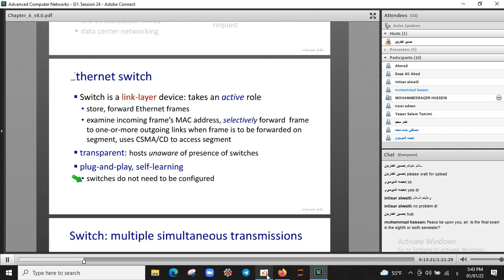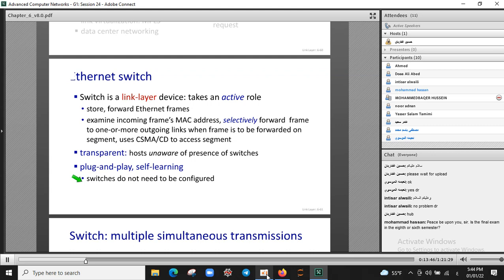Switches work inside networks, but routers work between networks. If you decided to send information from one network to another one, you have to use routers. But inside a network, you don't need to use routers.